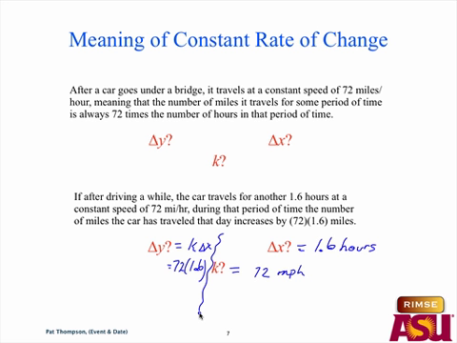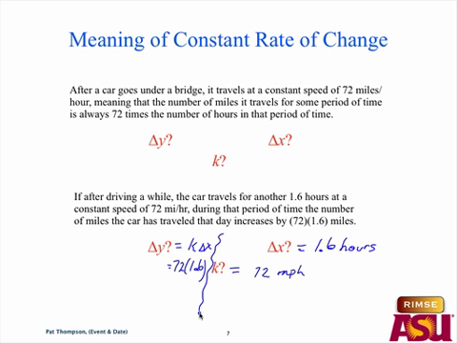Okay, so go back to those reflections that you did for today, and then you also have the reflections for Wednesday. This is what you're practicing. Looking at a situation and really identifying what's y, what's x, what's the change in y, what's the change in x in a given situation. And then making sense of constant rate of change, which says that changes in y are always k times changes in x.